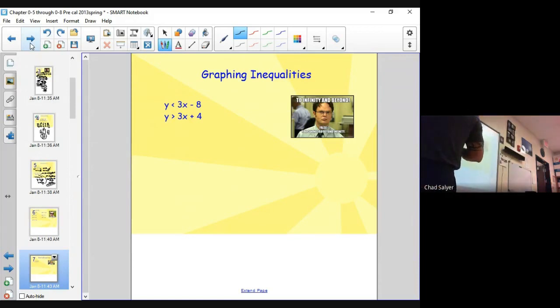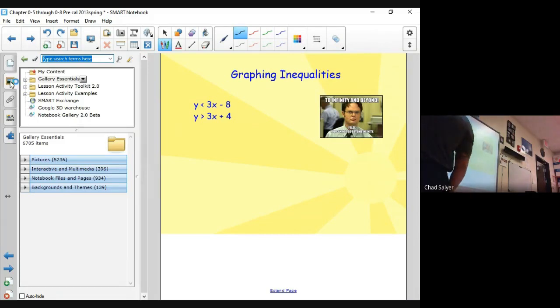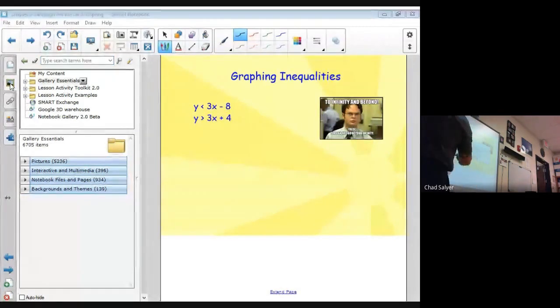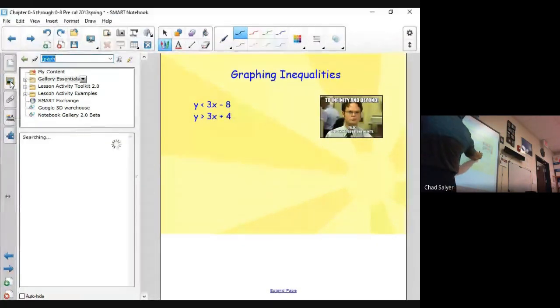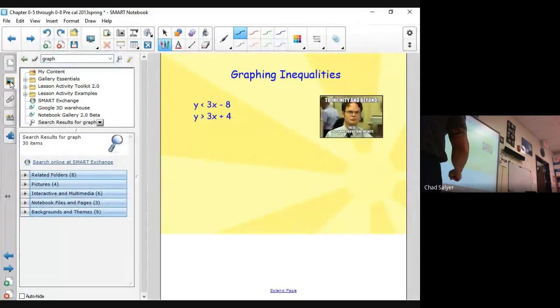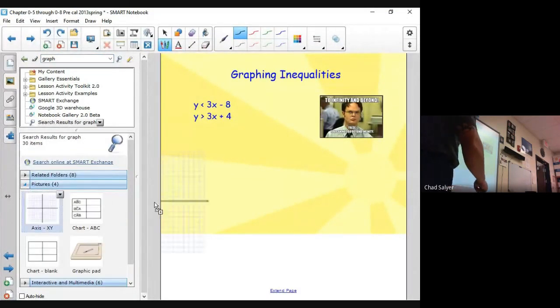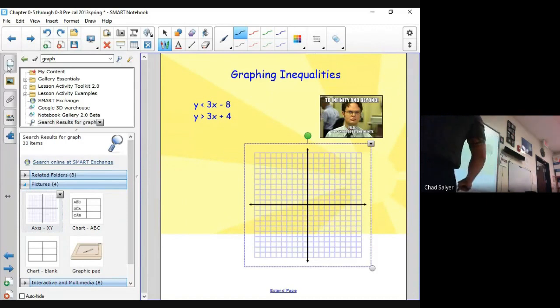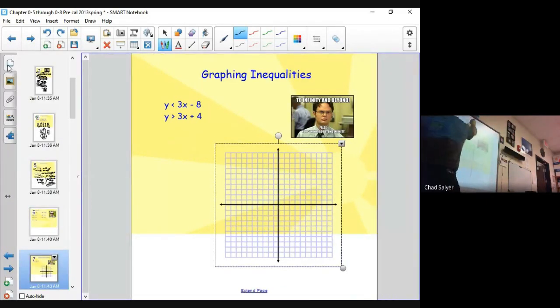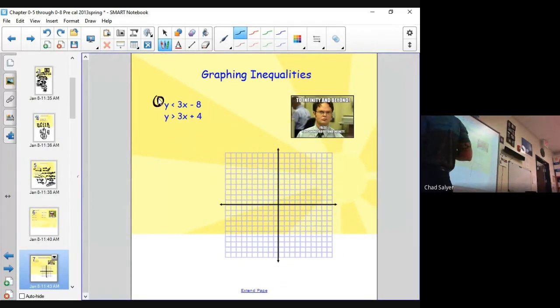Okay, so let me pull up a graph and add it to my slide here. So you first want to graph equation 1, which I'll call this one. And we note that it is less than.